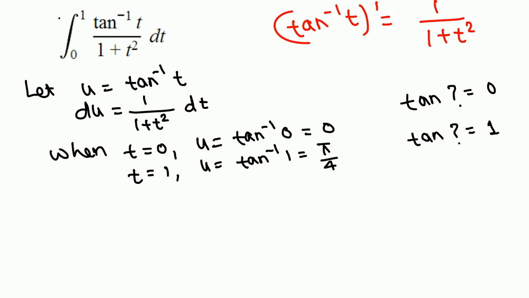Okay, so when we are converting this definite integral in terms of the variable u, we need to use these new limits, so the integral from 0 to 1 is now 0 to pi over 4, and inverse tangent t, that's what we started with, this is u, and the remaining 1 over 1 plus t square dt, that's du.